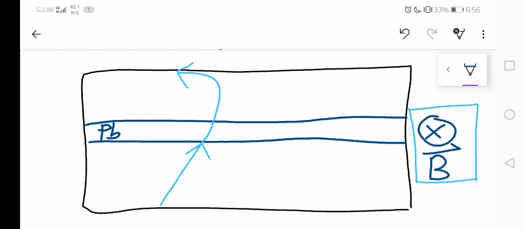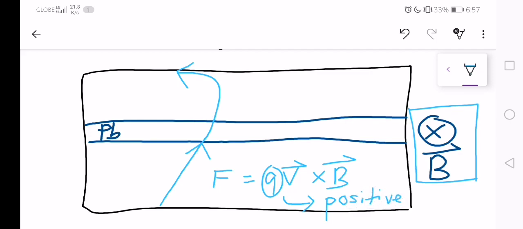So if this particle were to be deflected towards the left with the presence of a magnetic field, Lorentz force tells us that there is a charge present in this particle, and moreover, if this particle were to move towards the left, we know that this charge is positive.